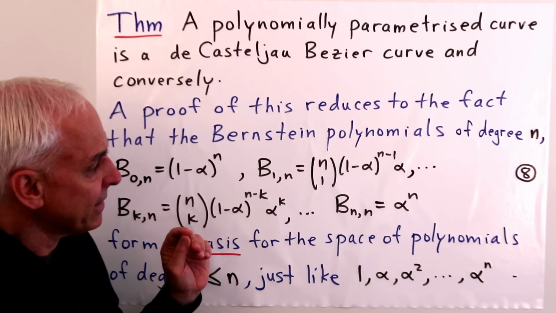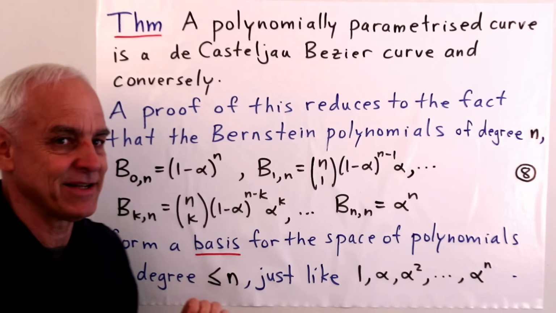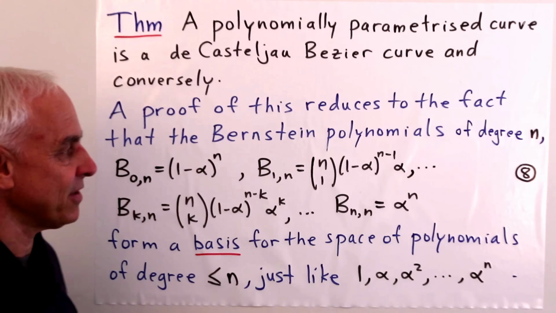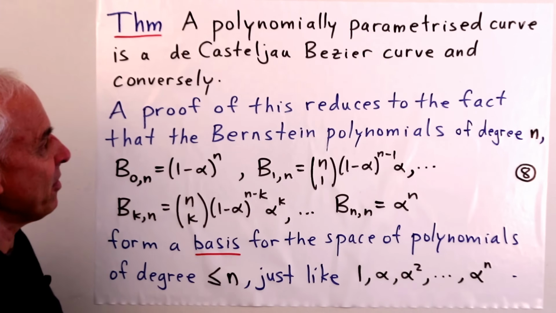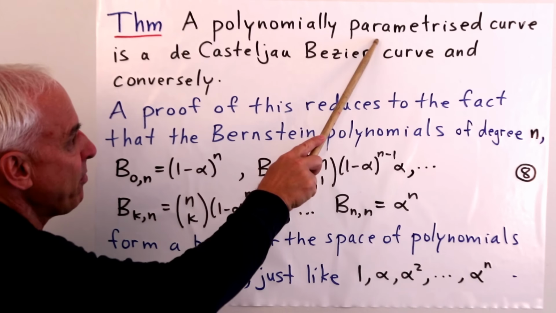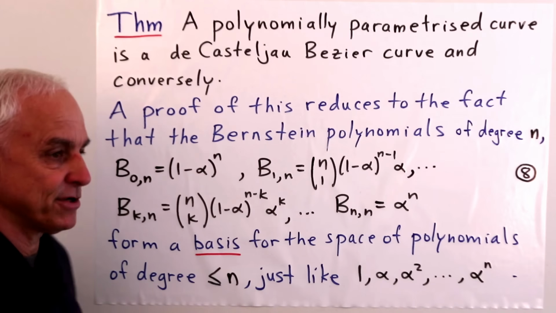But from a theoretical point of view, especially from a calculus point of view, there are some key facts that we have to at least be conscious of here, the reason why they're important. And this is one of them, the following theorem: a polynomially parametrized curve is a Casteljau Bezier curve, and conversely.